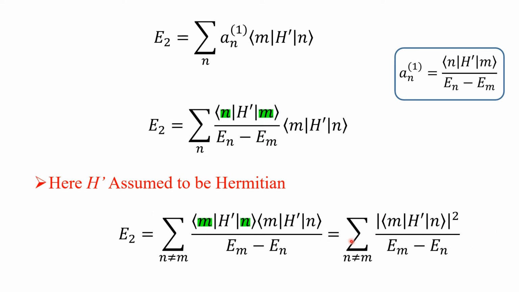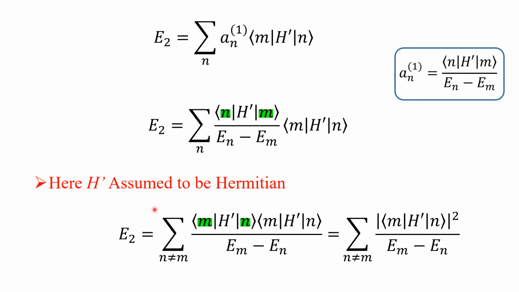So you will get the summation over n not equal to m of |<m|H'|n>| squared over Em minus En. If n is equal to m, then naturally this will go to infinity, which is not an acceptable solution. So n is not equal to m. That also we have seen in the first order perturbation theory.